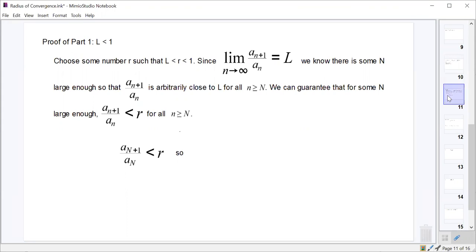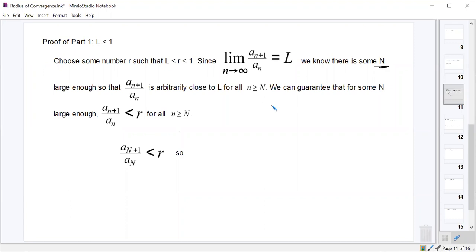So the theory would be that if we get some value for this limit that is less than 1, we know that the ratio between the terms is less than 1 at some point for some capital N, which is just some value within my series, n equals 1, 2, 3, 4, 5, right?